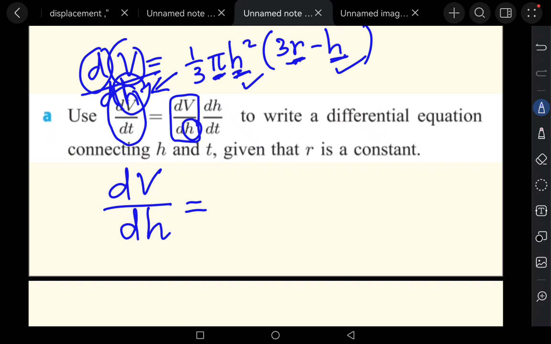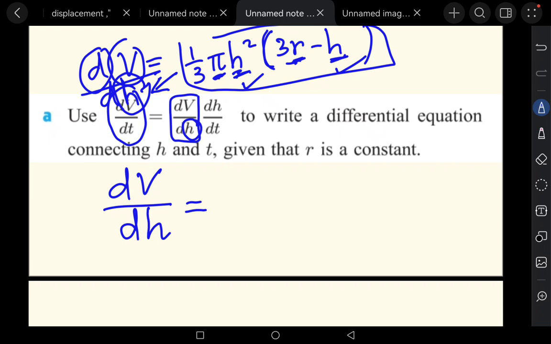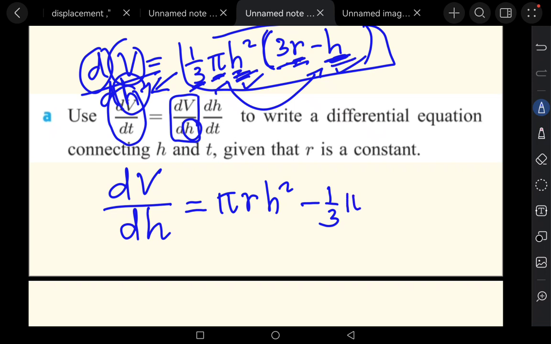So you need to do expansion first here to open the brackets. That's expanding. So 1/3 times 3 is 1. Pi times h squared times r. So now we have pi r h squared. Let's go to the second term, the inner one times the h. So 1/3 minus 1/3 pi h squared h. So pi h cubed. Sorry, this is still v, yeah? We didn't do the derivation process yet.